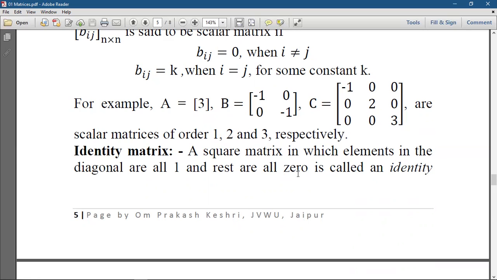For example, if this becomes only one, then it will be an identity matrix. When we take -1 outside, then it becomes B = [1 0; 0 1], and then it is an identity matrix. That means it is also a subset of a scalar matrix. So the identity matrix is a subset of a scalar matrix, which is a subset of a diagonal matrix, and a diagonal matrix is a subset of a square matrix.